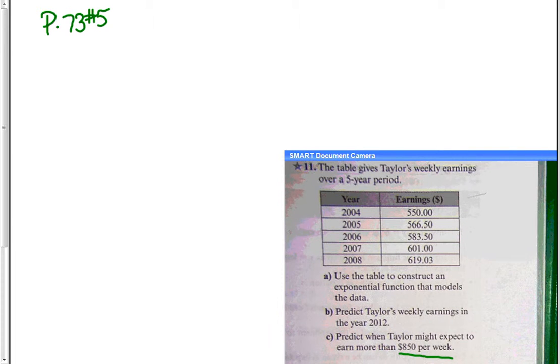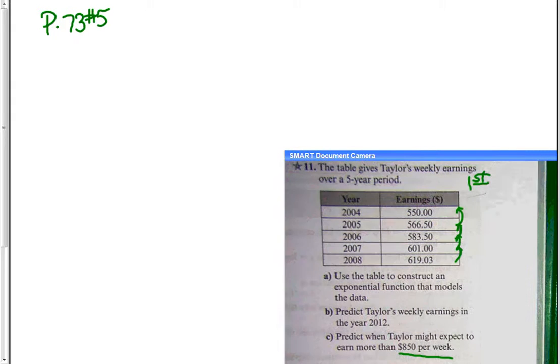equation first. So we have Taylor earning money over a period, and you can see that it's going up rather sharply. So let's look at the first differences first of all and see what we've got. If we subtract to get our first differences, let's grab a calculator.